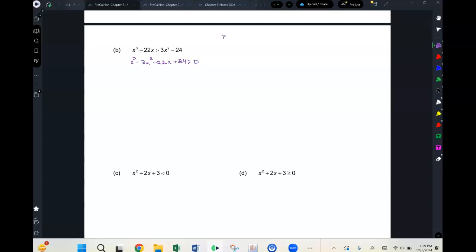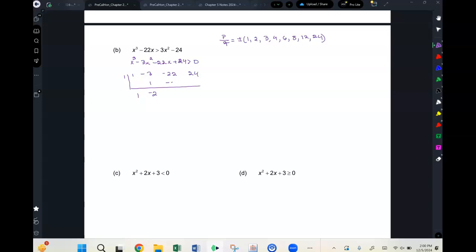Let's do P over Q. Let's try the first one. You have that many choices, 24. So let's do this one now: 1, -3, -22, 24. Let's try this out.